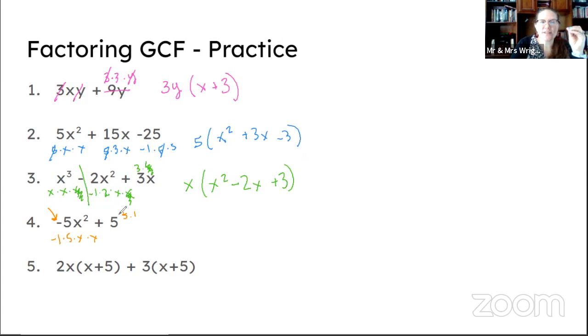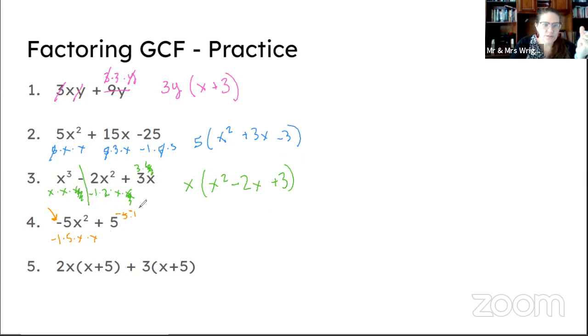So I'm going to have to adjust this in some way to account for a negative that I want to take out. Well, if I change one of these to a negative, and -5 times a +1 makes a -5, so that's not right. So I've got to change both of these to a negative, -5 and -1. If I multiply those together, I'm going to get a +5. So that works.